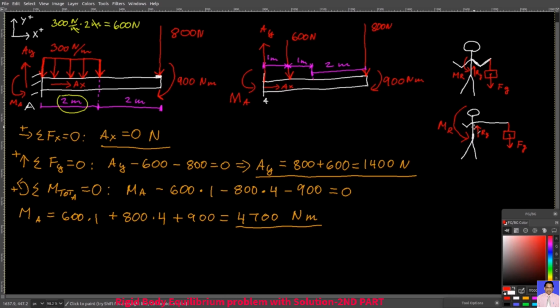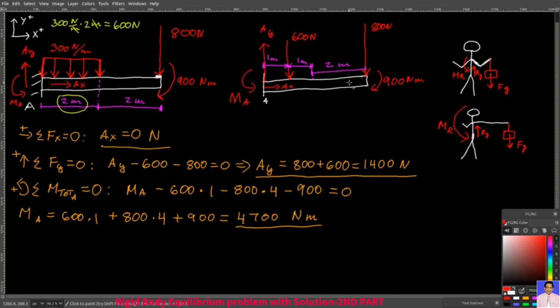So your muscles in that connection point need to generate a bigger reaction moment because you have a bigger moment arm here. That's why it feels harder to keep the bag in equilibrium in this second case. And if you have a very long arm, then you might not have enough strength in your muscles to keep the bag in equilibrium.